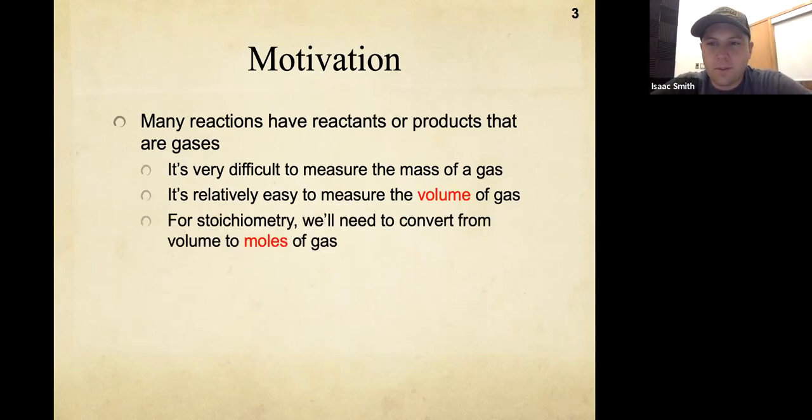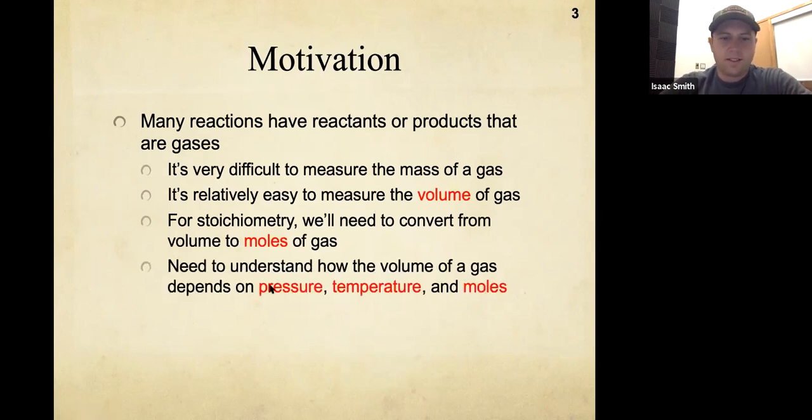For stoichiometry purposes, we'll convert from volume to moles of gas. We need to understand how the volume of a gas depends on pressure, temperature, and moles. So let me draw out the map that we've used thus far.